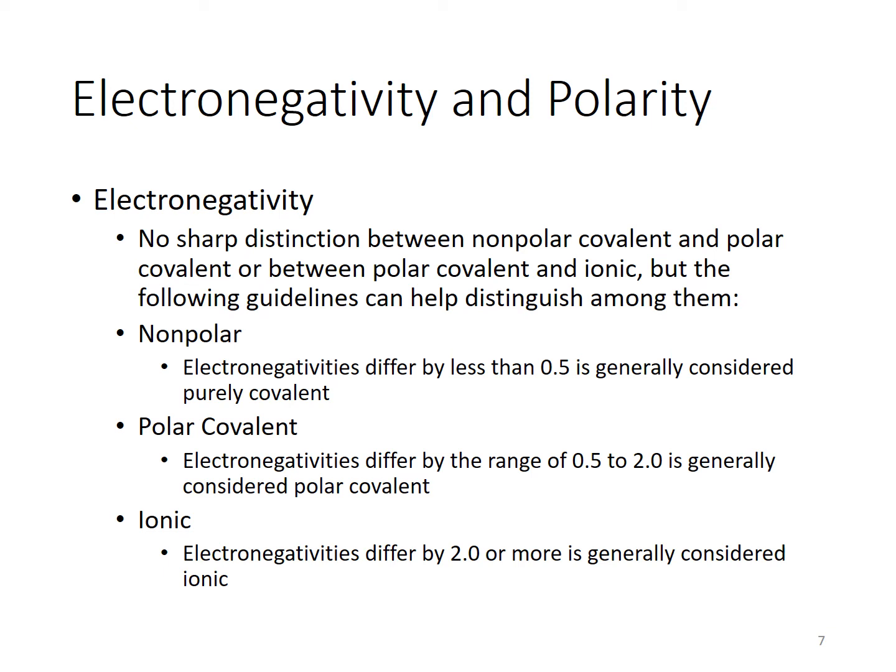This is the best rule for finding a polar covalent bond, probably not as good a technique for finding ionic bonds. There are plenty of what we would traditionally call ionic compounds that technically show up in the polar covalent category. It can still be reasonably defined as an ionic bond if that's the case.